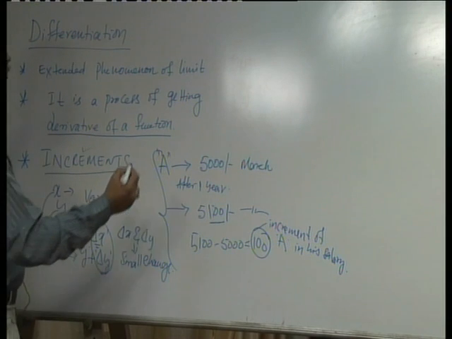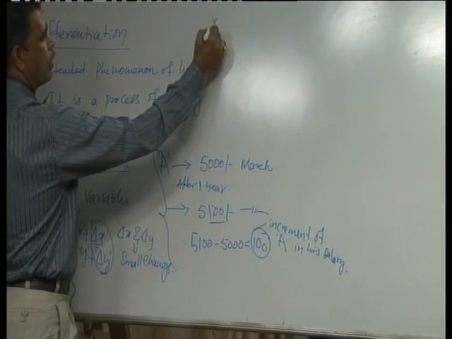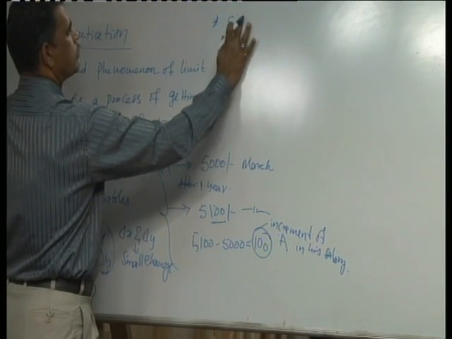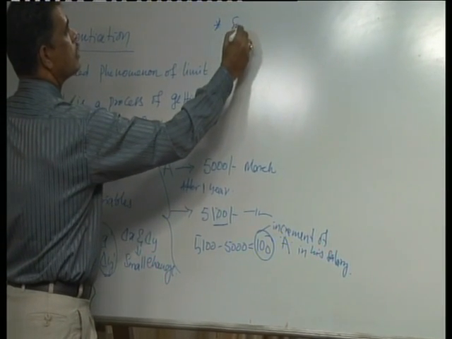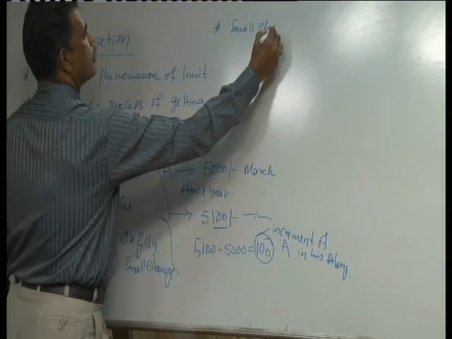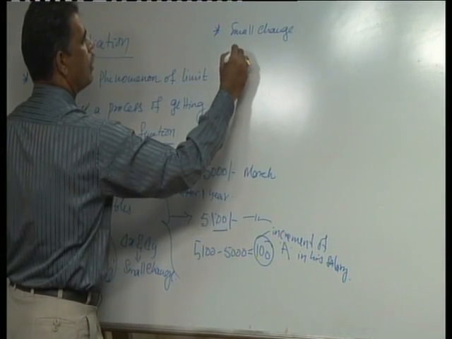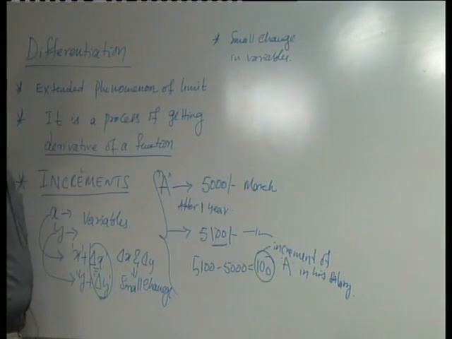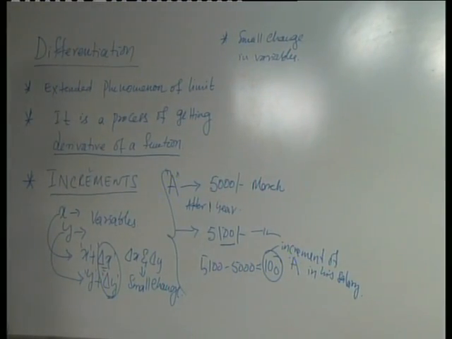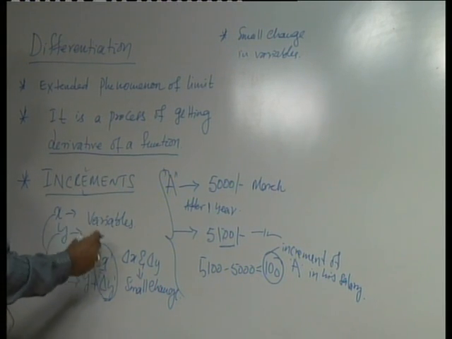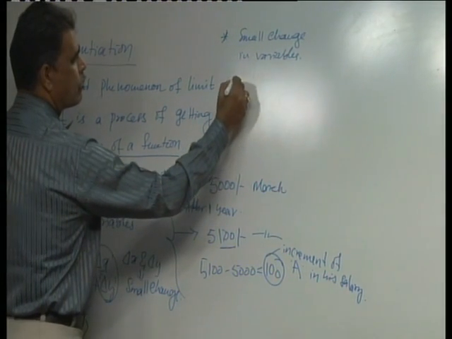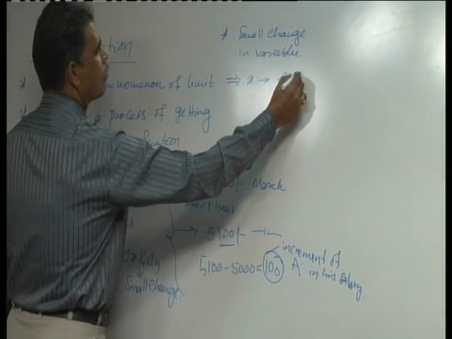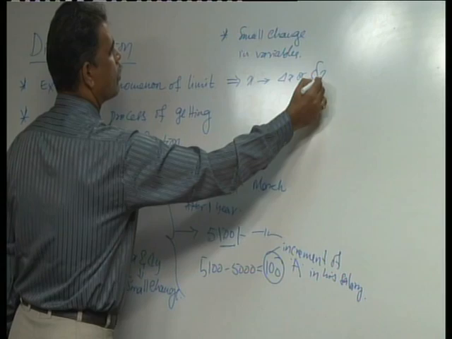You just remember, increment is small change in variables. Small change in variable, that is called as what? Increment. Increments always denoted in case of x we will write delta x, or we can also write this small delta x.